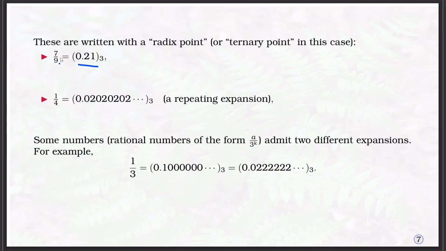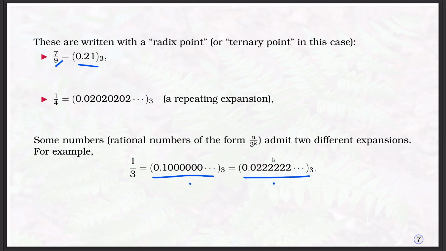If you apply the process for obtaining the base 3 representation of 7 by 9, then one can get this base 3 representation of 1 by 3. And similarly, one can get the base 3 representation of 1 by 3 as this one also. Both terms are equivalent. So, instead of the first base 3 representation, one can use the second also.